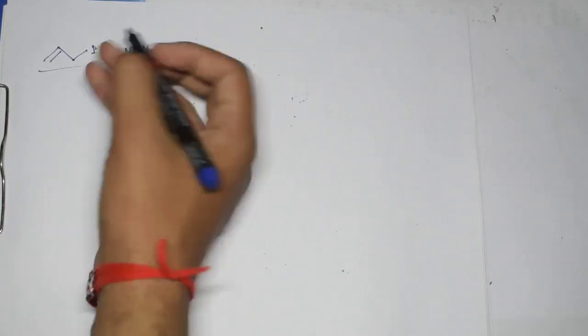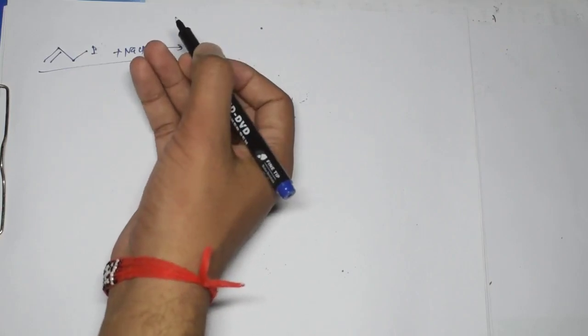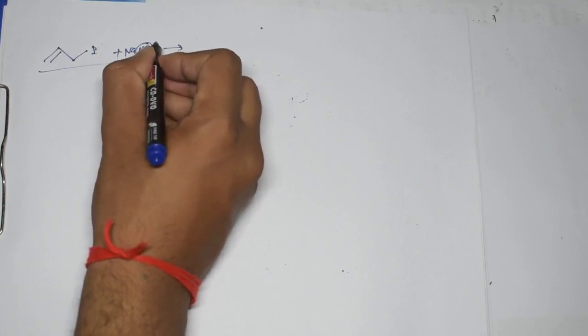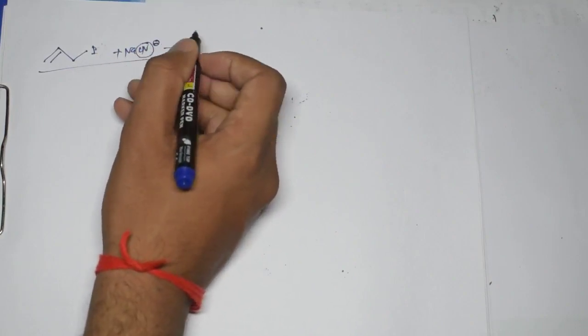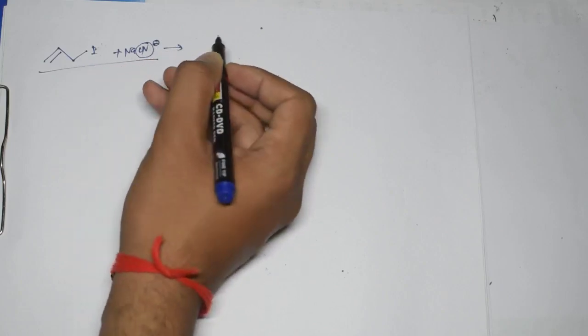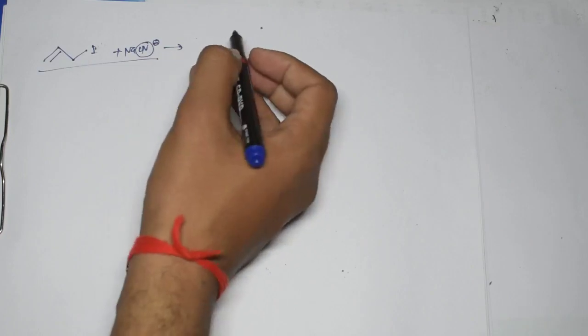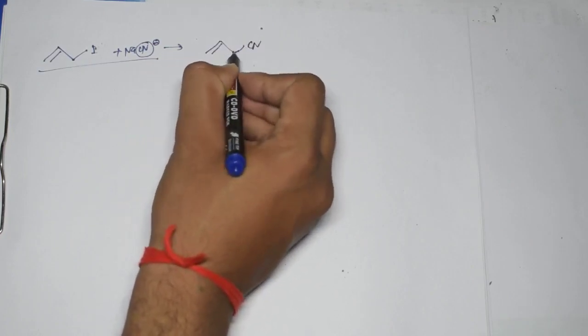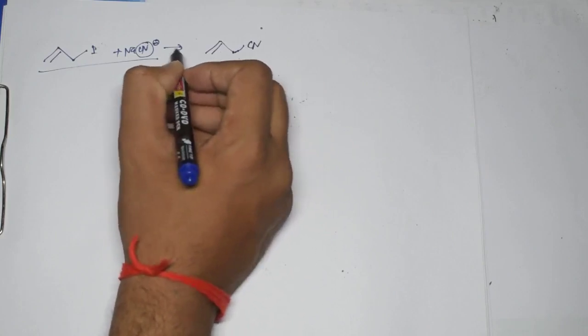You can get a little bit confused over here. Why? The reason is that we are using CN minus, which is not a very strong nucleophile, right? It is the weaker one, and it also all depends on what kind of solvent we are using. So here the possible product is this one.